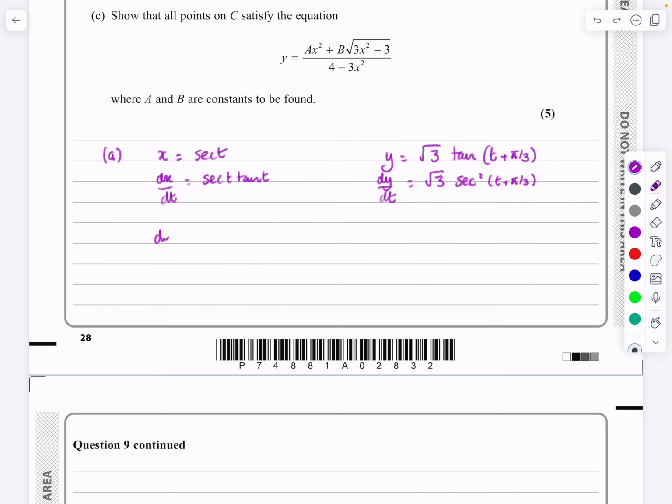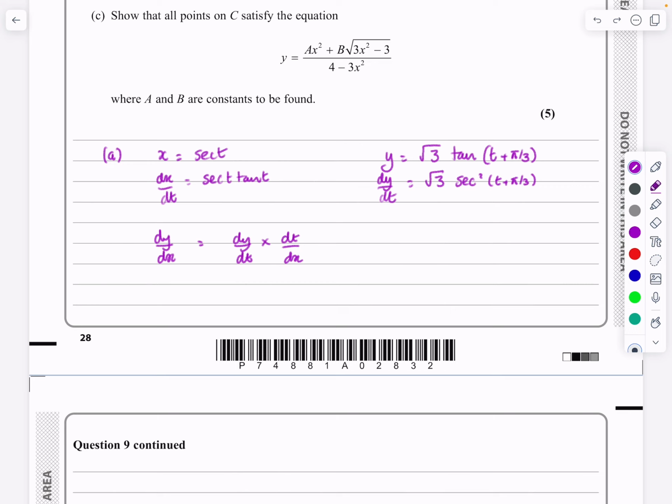We want dy by dx. So dy by dx is going to be dy by dt times dt by dx. That means we're going to need to flip that one upside down. No real issues with doing that.